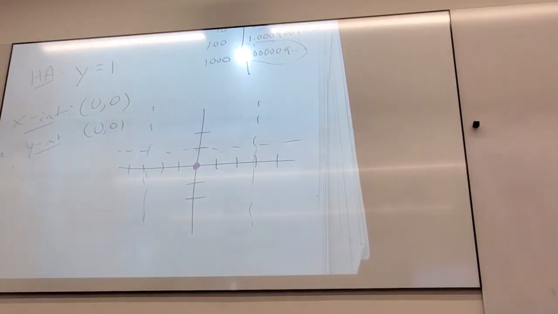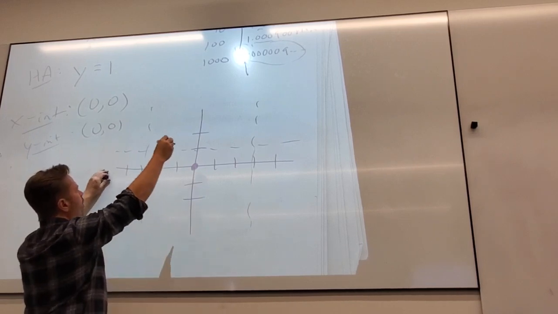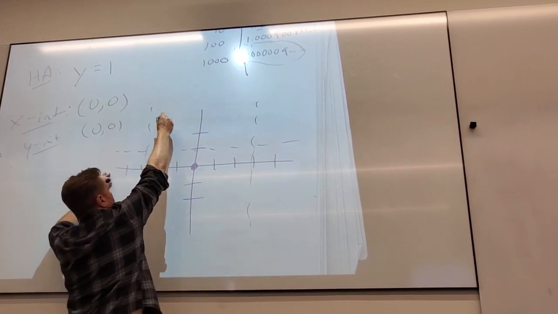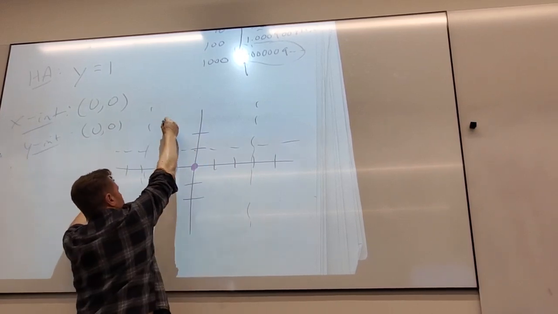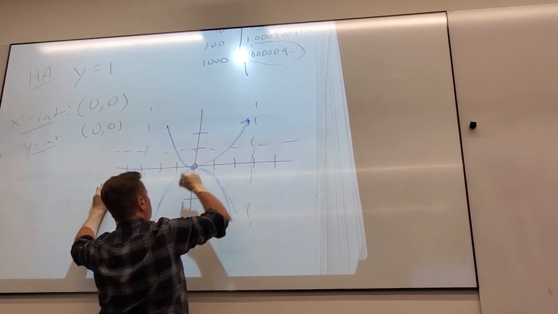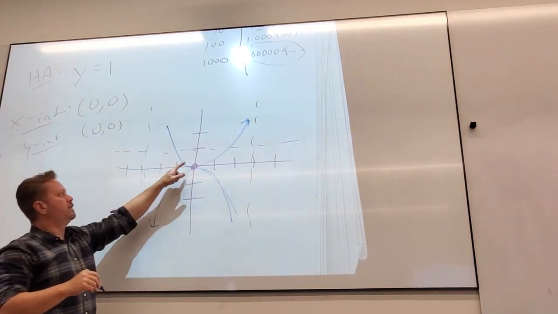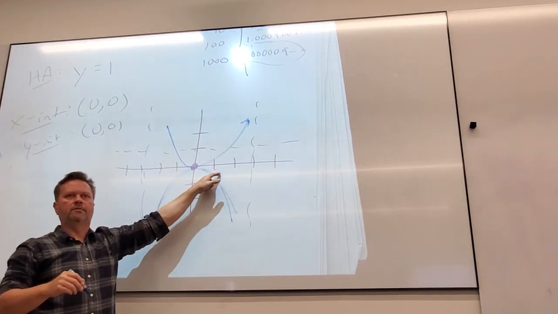This is one nice thing about having this projecting screen that I can write on. One thing that could happen is, in the middle it could look like this, it could look like this, it could look like this. Because, is x really big in the middle?